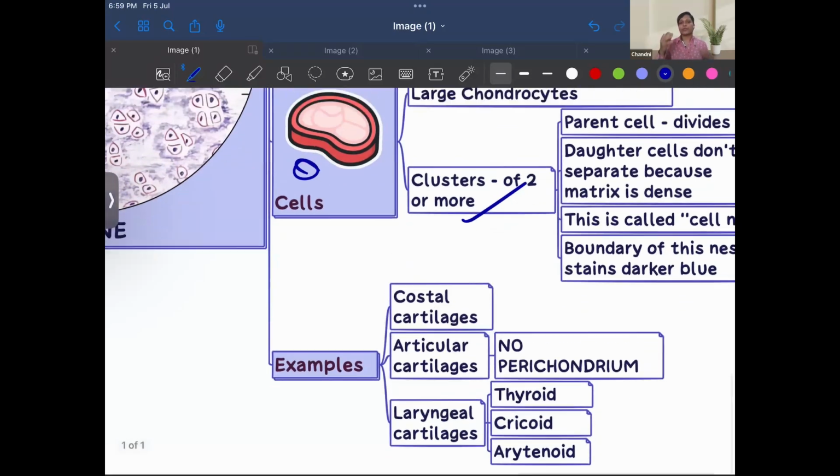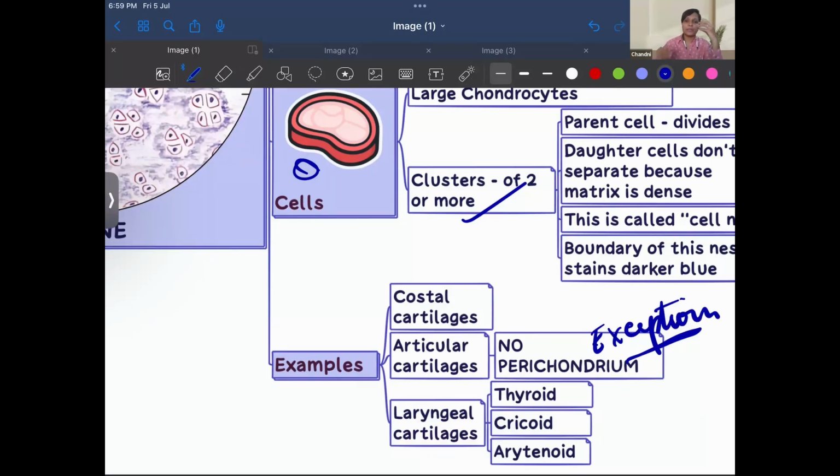Also, I told you joints, TMJ, knee joint, shoulder joint, all these articular cartilages are also hyaline cartilage. Now here, articular cartilage is an exception, okay? Because articular cartilage doesn't have perichondrium because all these are synovial joints, right?